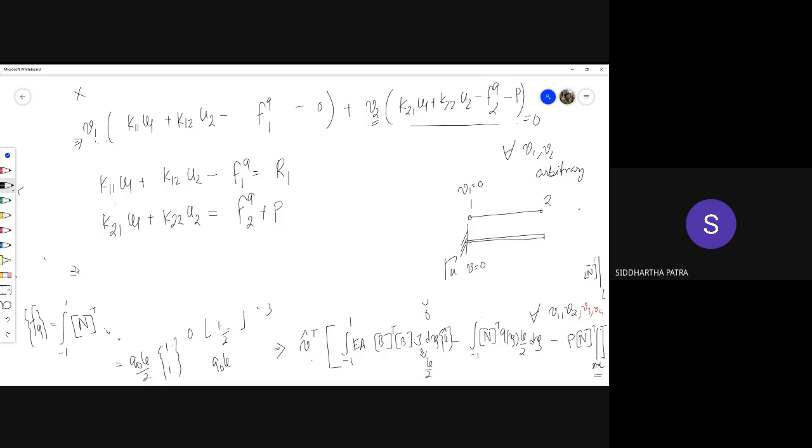And in the end, we would construct the K matrix multiplying U hat. If it is not 0, it is something, right? And that something is R1.